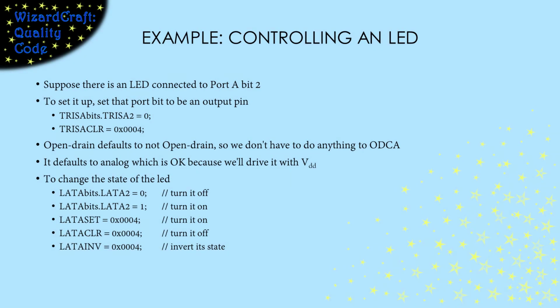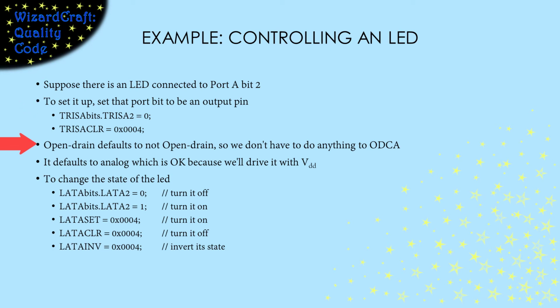So give us a real example that uses these. Good idea. Let's suppose that there's an LED on port A, bit number 2, and nothing else on port A. There are 2 ways that we could set that pin up to be an output pin. We could set TRISAbits.TRISA2 to 0, since 0 means output. Or we could use TRISACLR with a mask for that 1 bit to clear it. Note that the bit starts at 0, so the mask of hex 4 masks bit number 2.